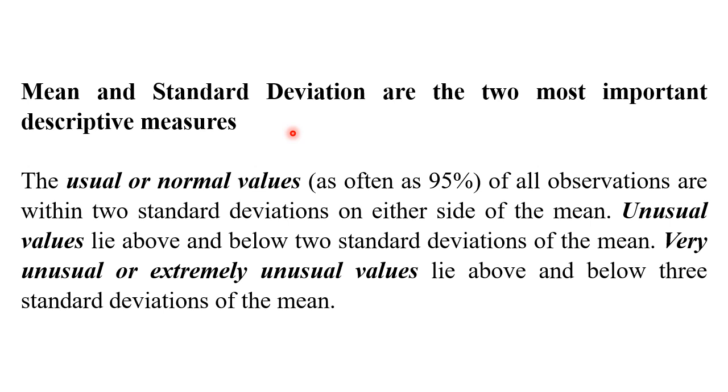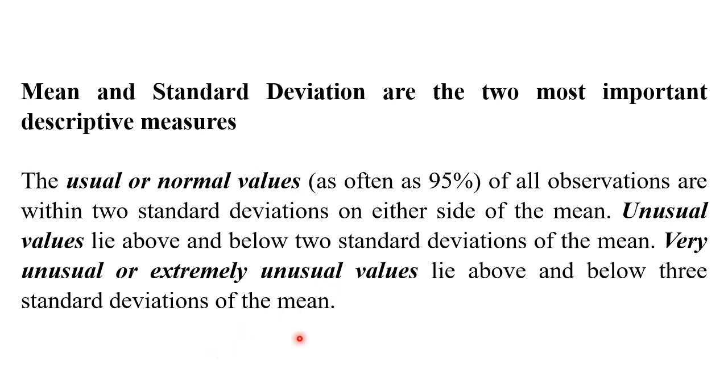Besides the coefficient of variation, we can also use the mean and the standard deviation to find whether or not a certain value or score in our data set is an unusual score, or to find the range of values in a data set that are considered usual or normal values.